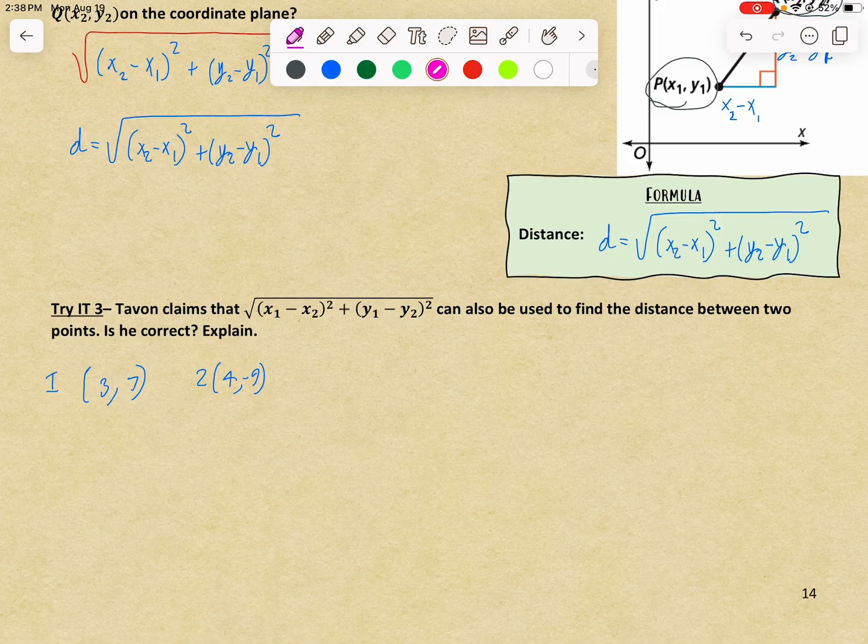Then I would do x2 minus x1, which is equal to 4 minus 3. Okay, that's 1. What about x1 minus x2? x1 minus x2 is going to equal 3 minus 4. But wait, that's negative 1. That's not 1.